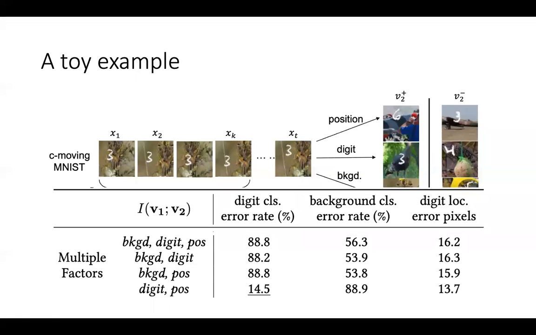It will only leverage the background information because that's some sort of shortcut. And then your representation only captures the background property and forgets about the digit and position. So that's how you can see, if you contain too much information there, it just sucks for the task of digit classification.